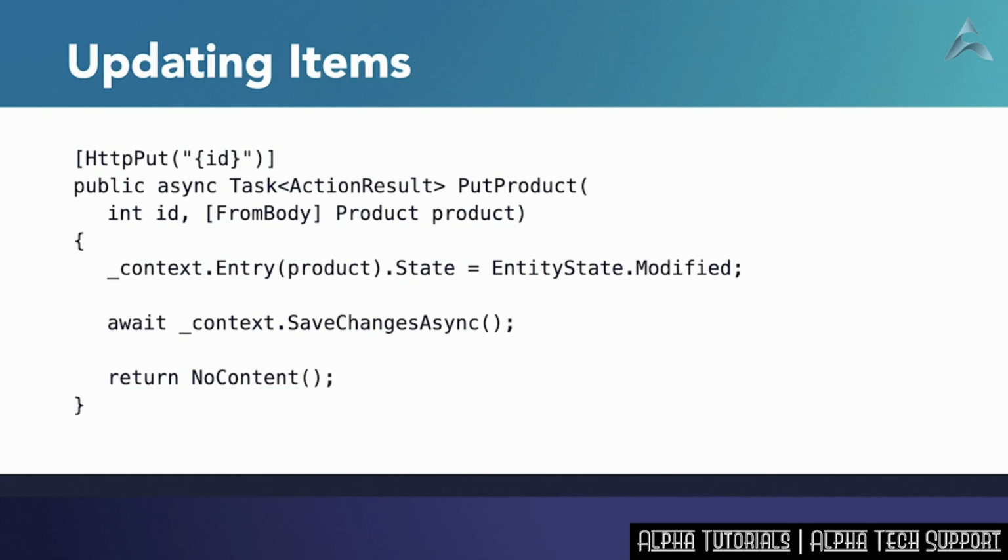Also, we expect the actual product, the updated data, so to speak, and we expect it in the body of the HTTP request. So we have the ID and the product. And then what we essentially do is set the state of the entry of that product to modified.